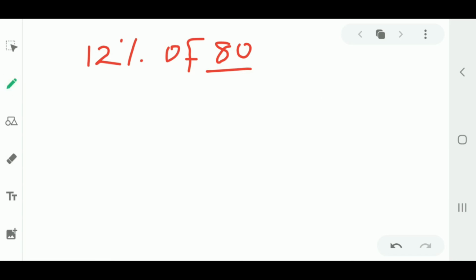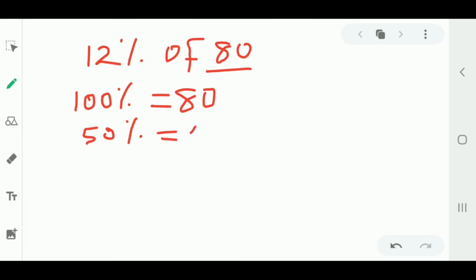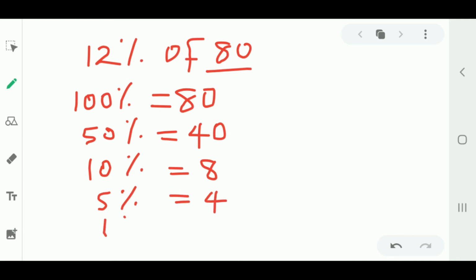First things first, we know that 100% of 80 is 80. 50% is half of 80, which is 40. 10% of 80 is 8. 5% of 80 is half of the 10%, which is 4, and 1% is 0.8. If you realize, there's a pattern: 8, 4, 8, 4, 8 in some form.